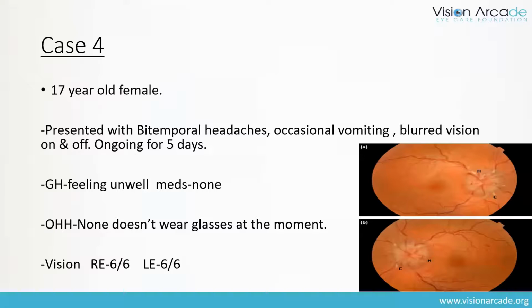Amazing. Right answer, papilledema, and it's an emergency referral, more or less.